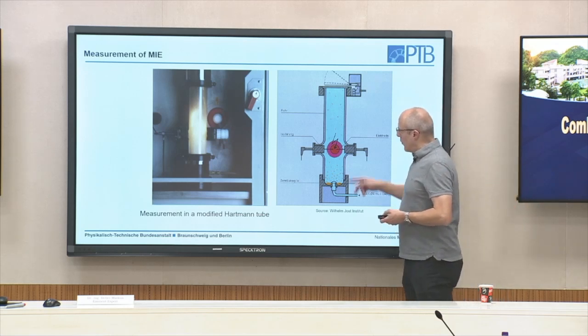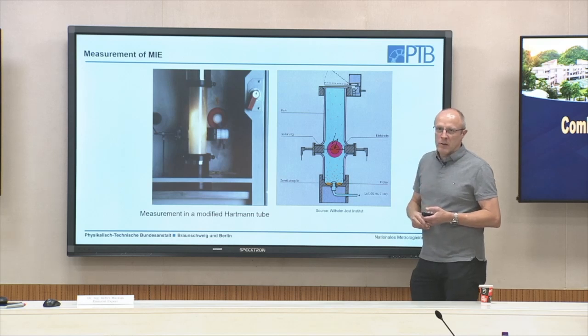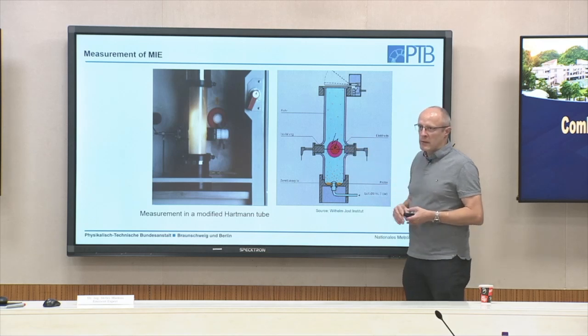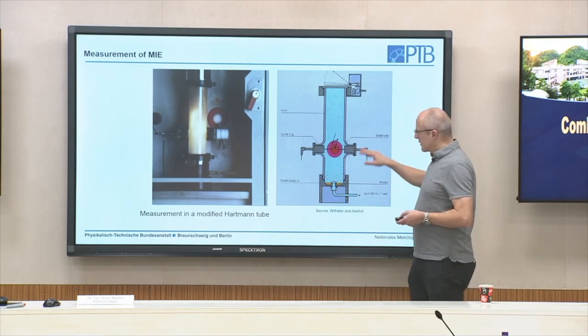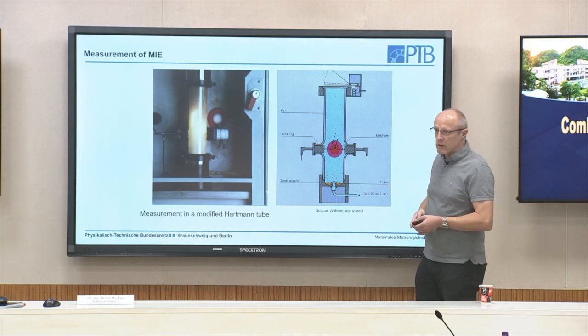Normally you do not replace the gas mixture for each experiment if there is no ignition. You replace it normally after 10 experiments. So it's a quite fast process, but nevertheless it takes a lot of time.